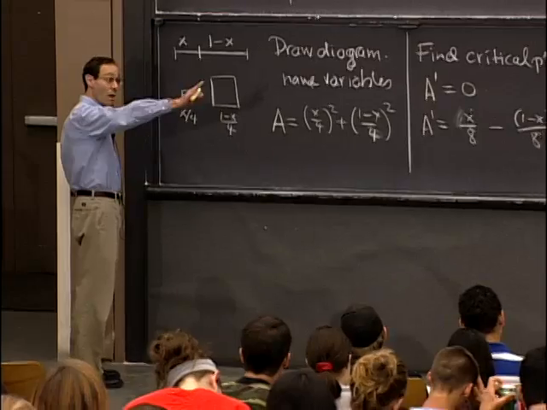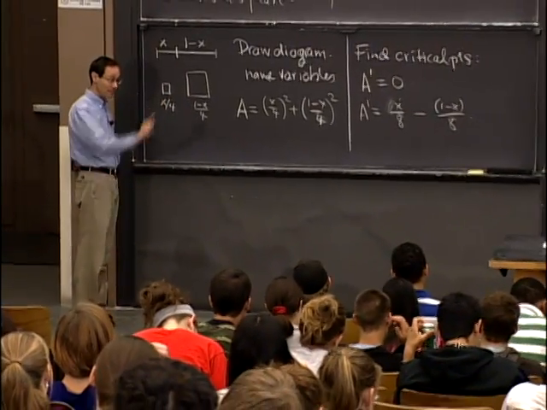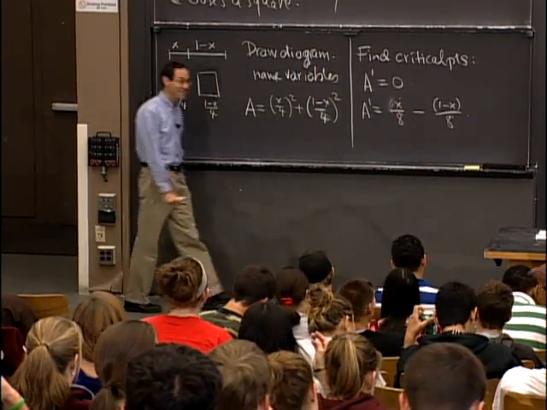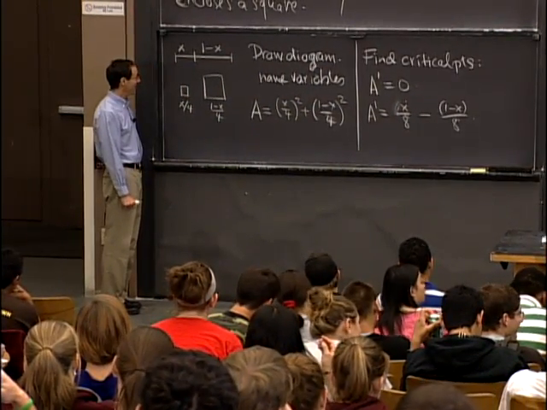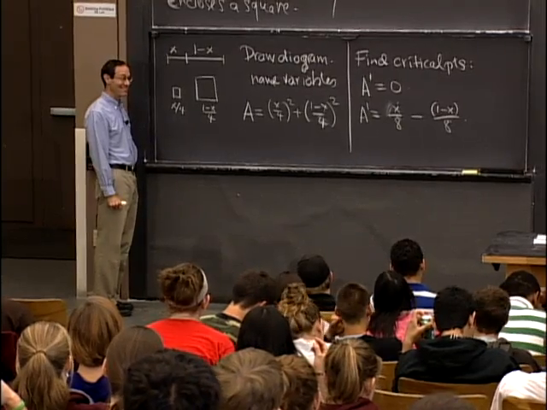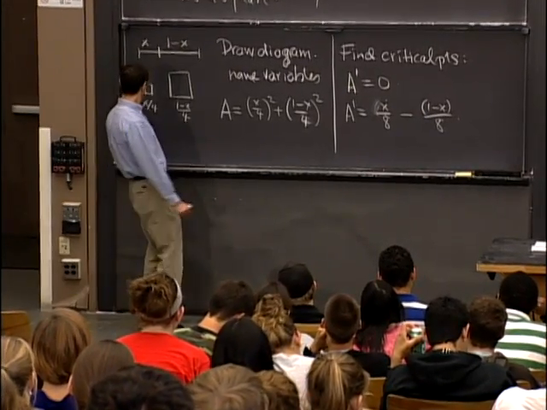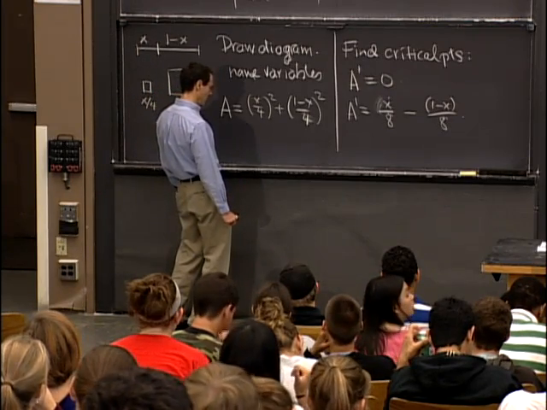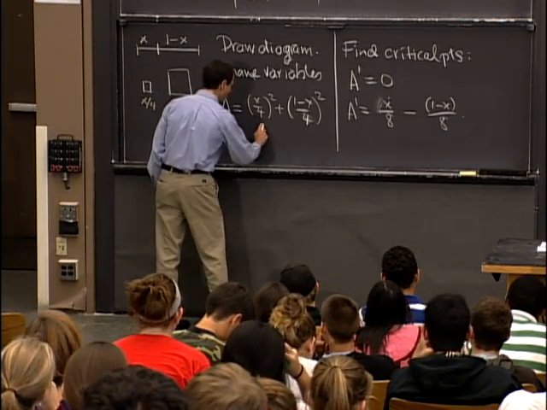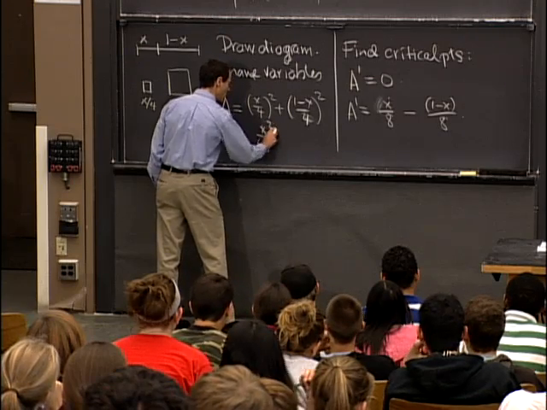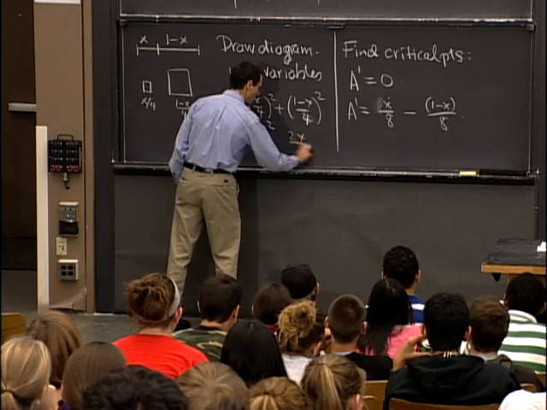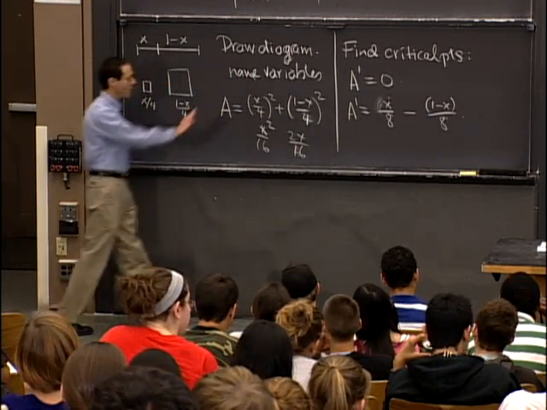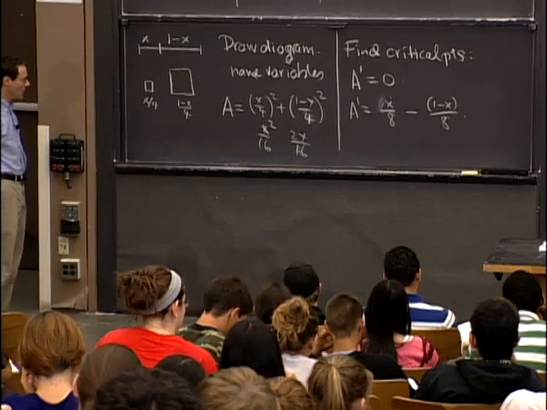So here's the derivative. Right, so there's a 1/16 here. This is x squared over 16. And so it's 2x over 16, which has an 8. Okay, so it's all right.